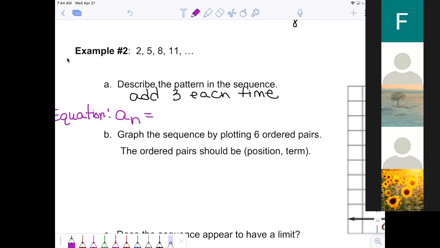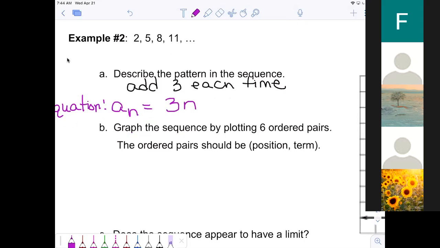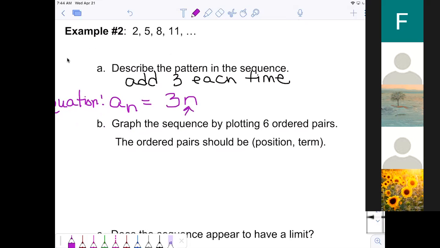I can write an equation for that by saying if I take 3 times n, which n is the position of the sequence, and then subtract 1, I then have a pattern to represent the numbers of my sequence. So let's look at this.